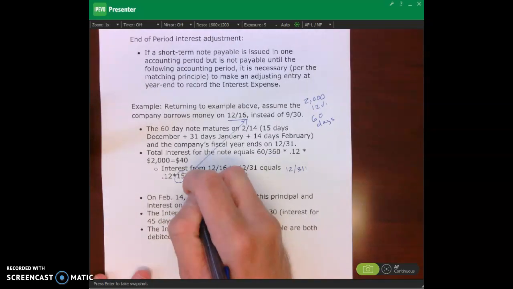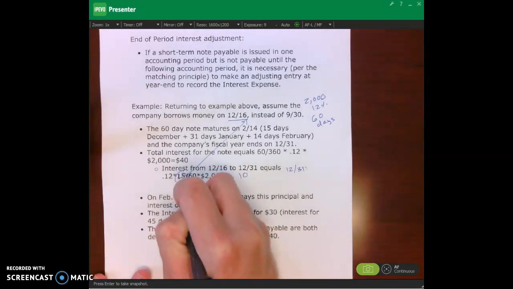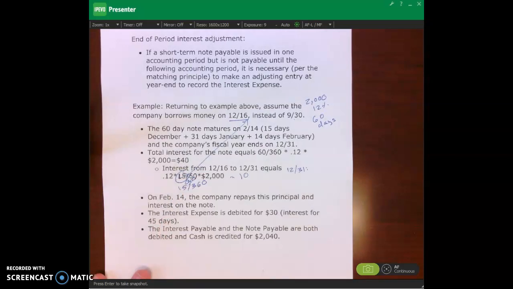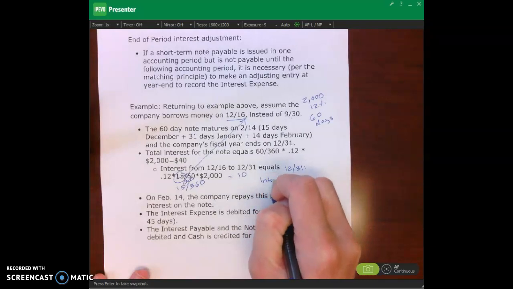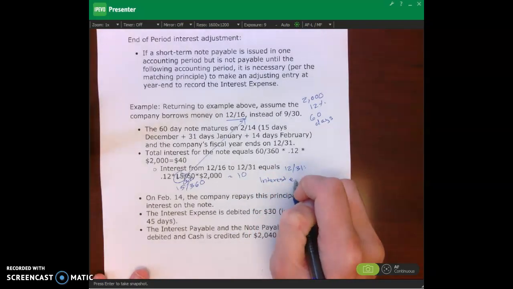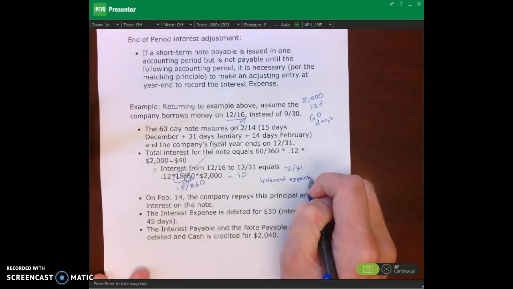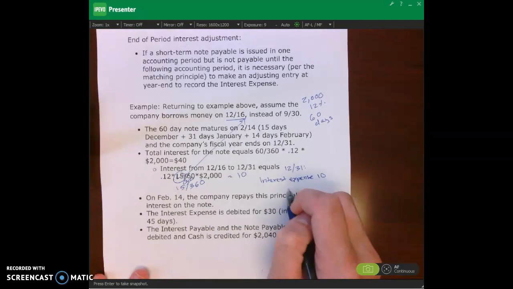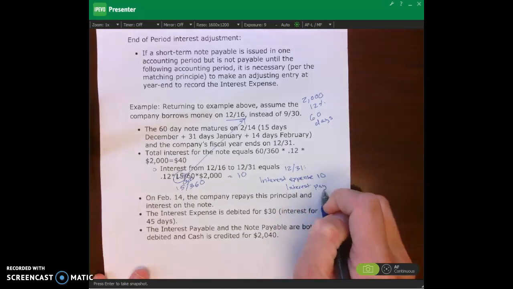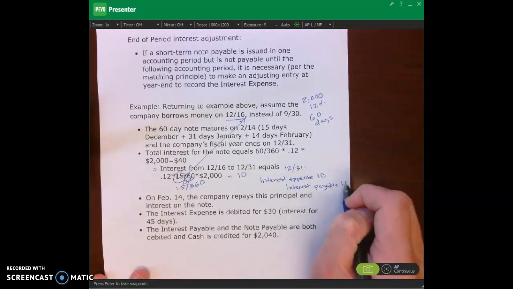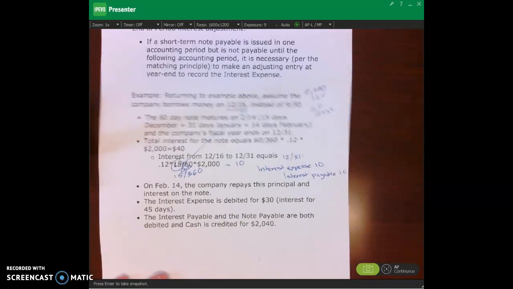And this is a typo. It should be 15 divided by 360. Sorry about that. Okay, so it equals 10. So what we do is we debit interest expense, which is another expense on the income statement, for $10, and then we credit interest payable for $10. That's our journal entry on 12/31.